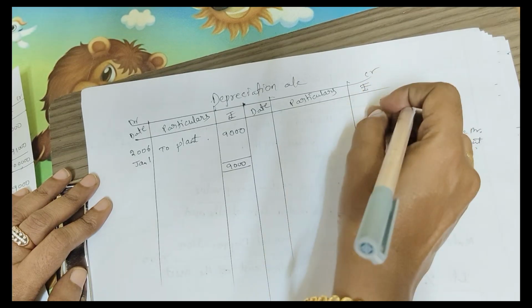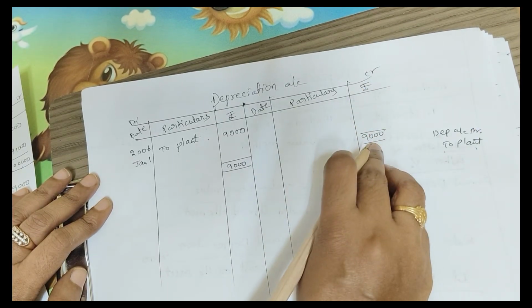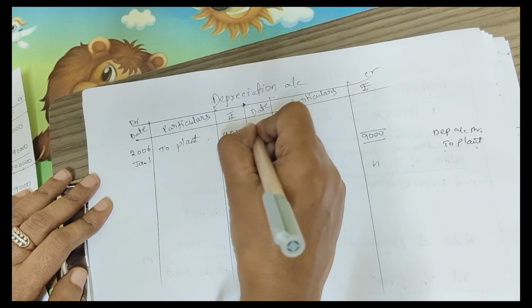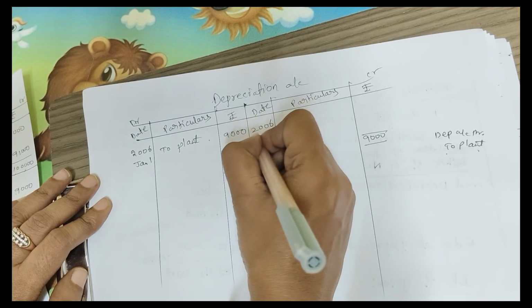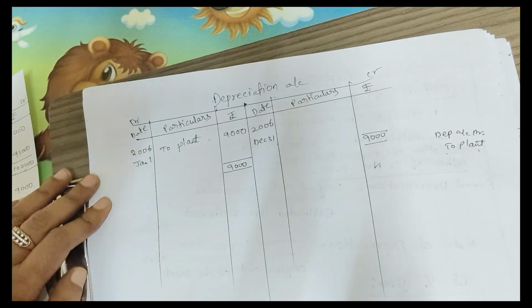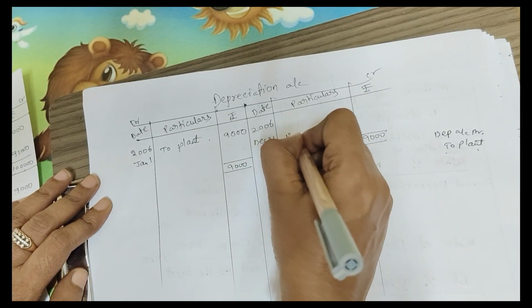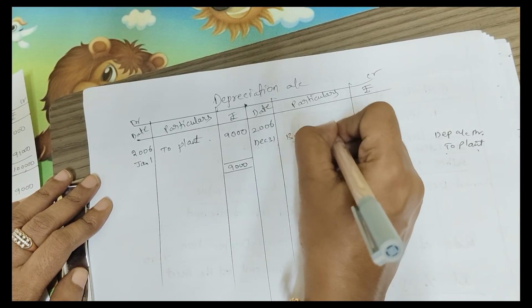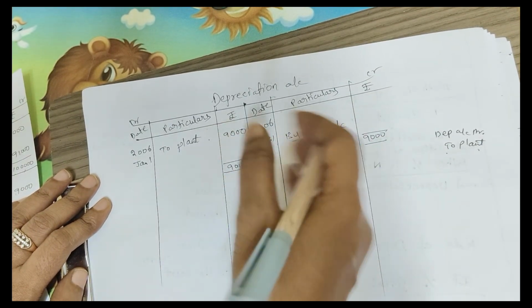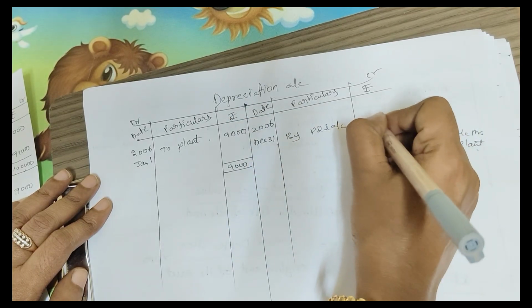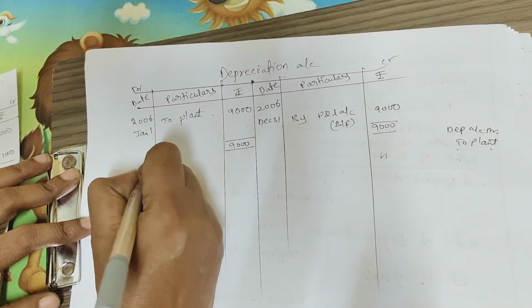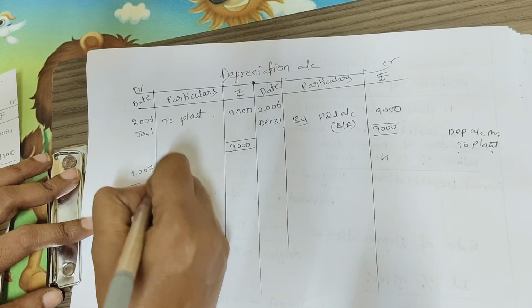If you have any amount, that will be deducted from the 9,000, but there is no amount. So what we should write here? 2006 December 31st, by profit and loss account, because this amount goes to profit and loss account. And next 2007 Jan 1st.